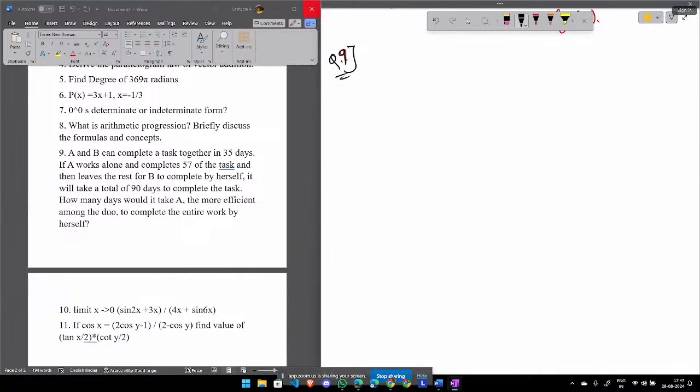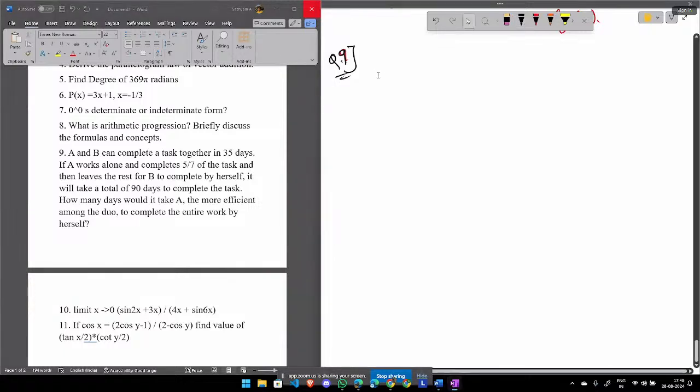Next thing, what is question number 9 saying? A and B can complete a task together in 35 days. If A works alone and completes 5 by 7 of the task, sorry, there's a typo, guys. It is 5 by 7. 57 of the task doesn't make any sense, so sorry for the typo. Now, what is the question saying? If A and B can complete a task together in 35 days, both are working together, and they complete it in 35 days.